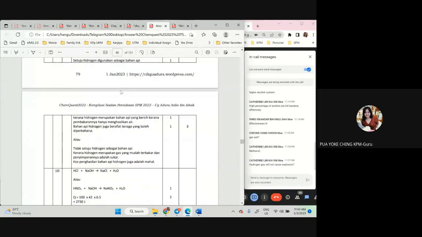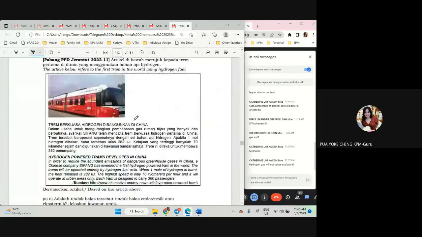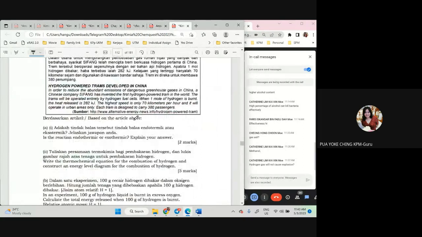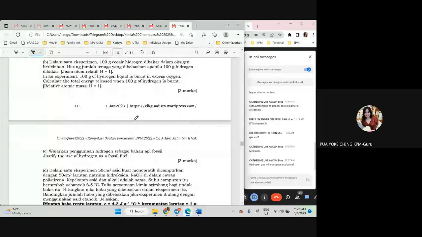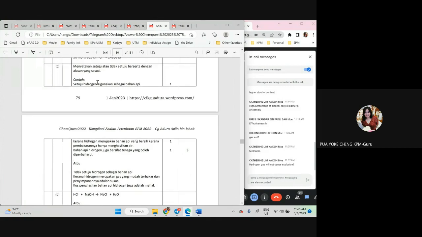I noticed that from all the trials, there are a lot of trials in chapter 3 where the justification comes out. Wajarkan penggunaan hydrogen sebagai bahan api fosil, justify the use of hydrogen as a fossil fuel. Dia pun akan terima dua-dua.